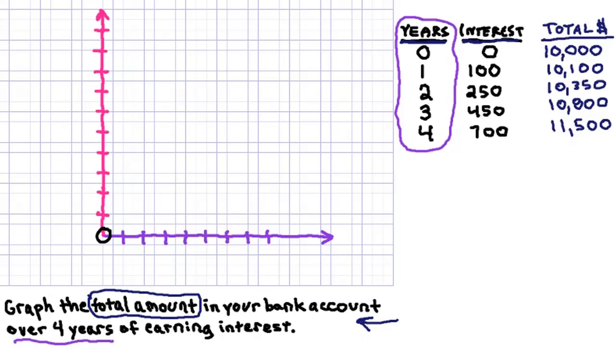So this time would be your x values. There's your x. And remember, your x values is the purple line that goes from side to side. So let's label that x-axis time, and we'll put in parentheses years.